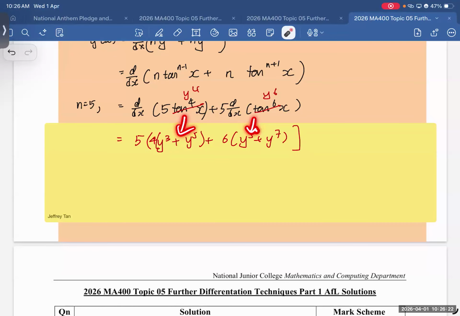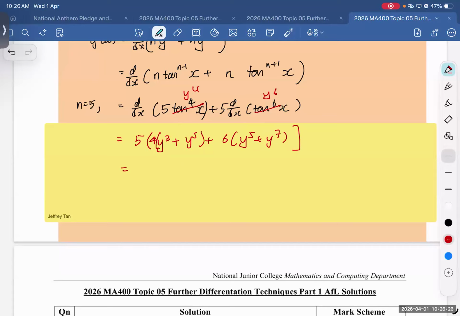Then now you look for common factor to remove. If you're not comfortable, I can expand everything first. So 5 times 4 is 20. 20y cubed plus 20y power 5 plus 30y power 5 plus 30y power 7. You factorize out y power 3 and factorize out 10.